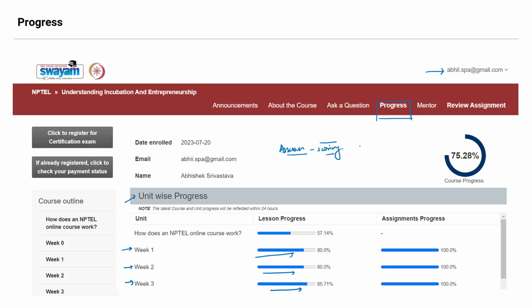Right now, you might not be able to see any of the scorings because the deadline is still there for week one and week two both. Once the deadline is over, your marks will be visible. And this also shows you a cumulative percentage. It does not mean that this is how much you have scored. It's basically the course progress which they are referring to.